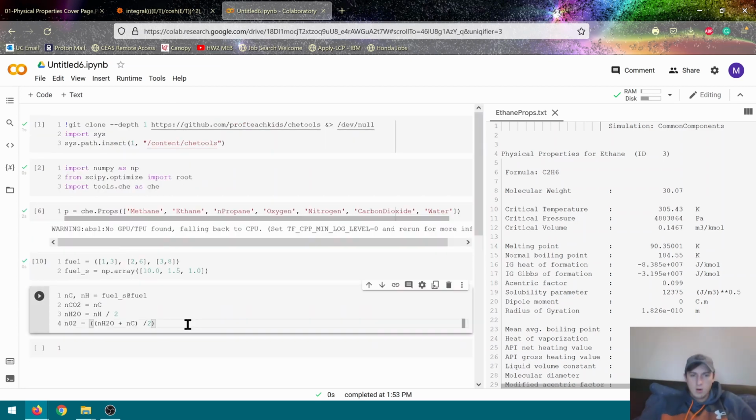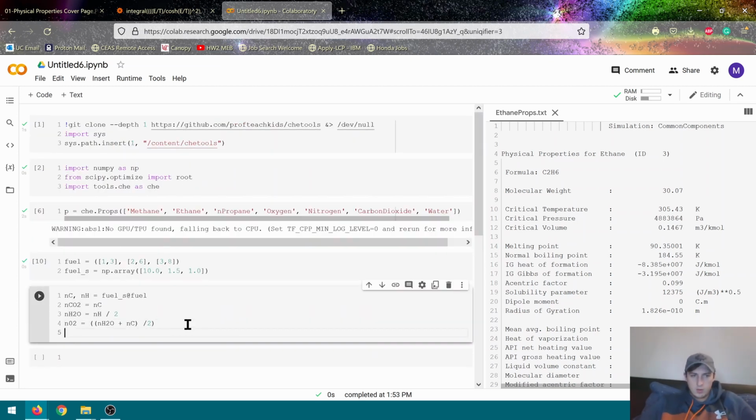All right, so next what we're going to do is solve for the number of moles of N2, which is equal to the ratio of air that is composed of nitrogen and oxygen.